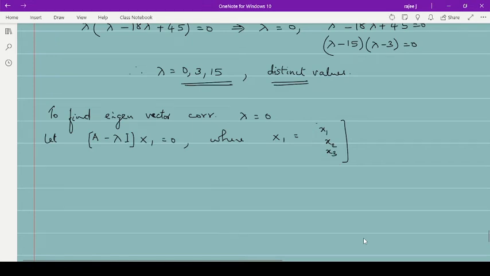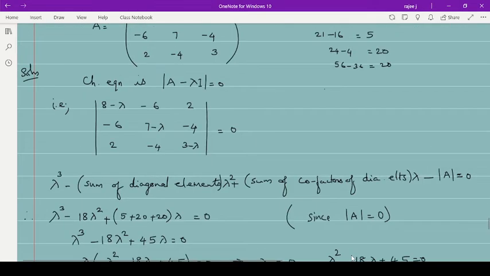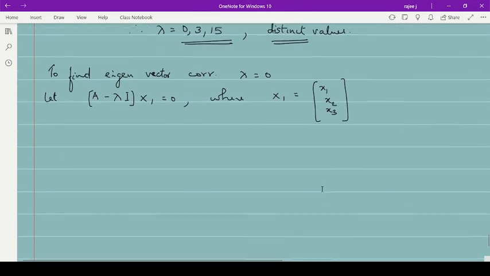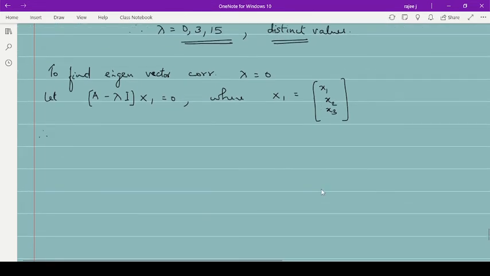Now again from equation number 1, you need to consider the matrix form. Therefore put lambda equal to 0. The determinant we have written: 8 minus lambda, minus 6, 2; minus 6, 7 minus lambda, minus 4; 2, minus 4, 3 minus lambda.